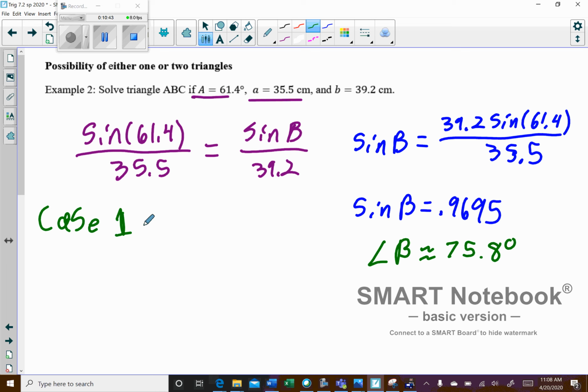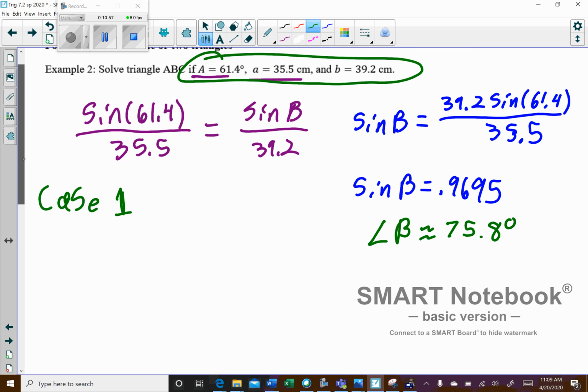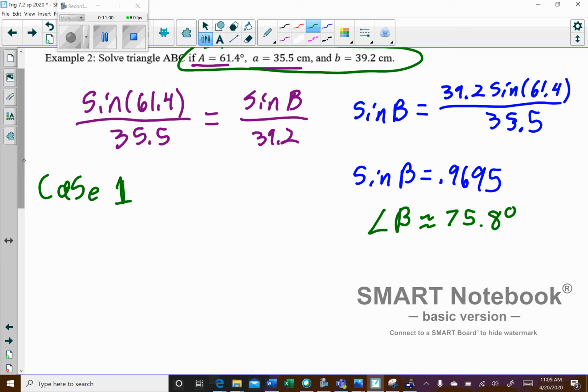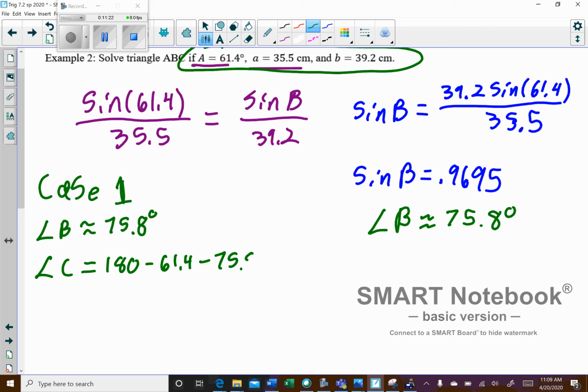Okay, so what's going on is these will never change. We're always going to use those three parts. But now that I know angle B, I can figure out angle C. And so that's what we'll do here. Okay, so for case one, we know that angle B is approximately 75.8 degrees. So if we want to figure out angle C, that's going to be 180 minus the two known angles, which would be 61.4 and 75.8.